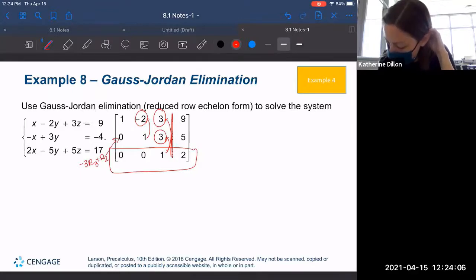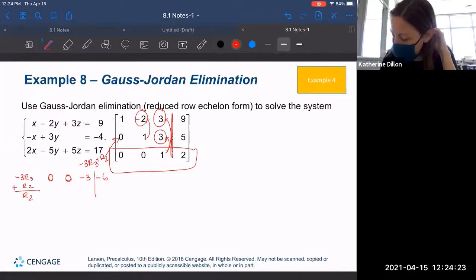Let's do the work over here. -3 row 3 is going to be 0, 0, -3, -6, and then I'll just add row 2, which is 0, 1, 3, and 5.